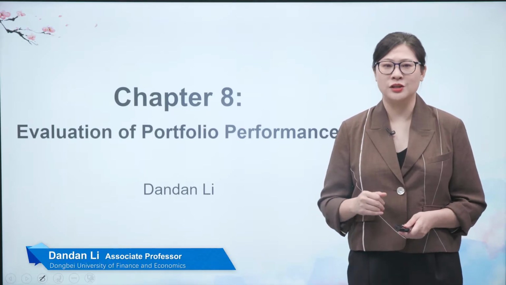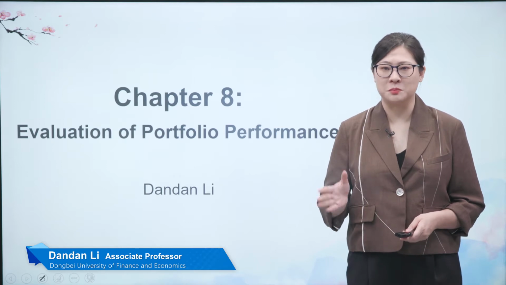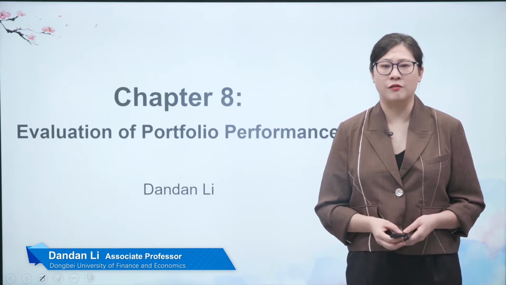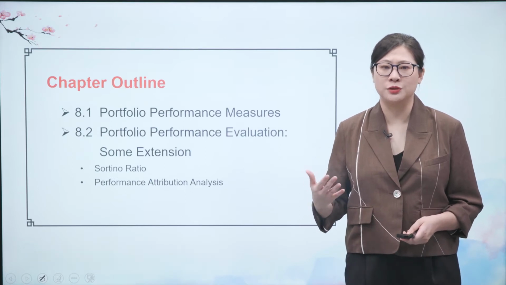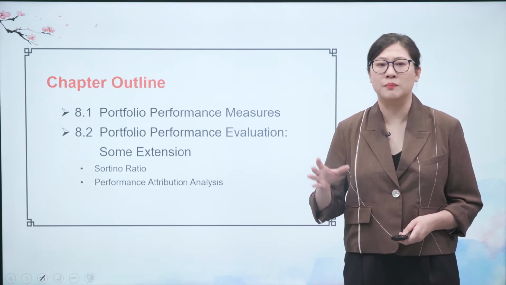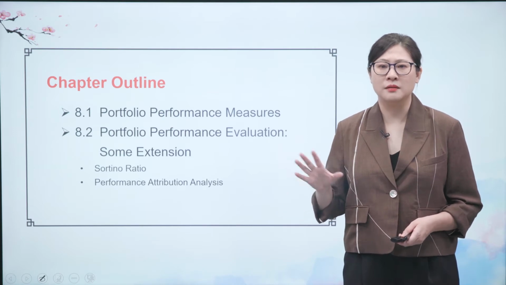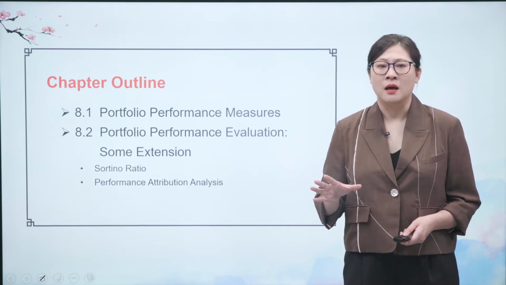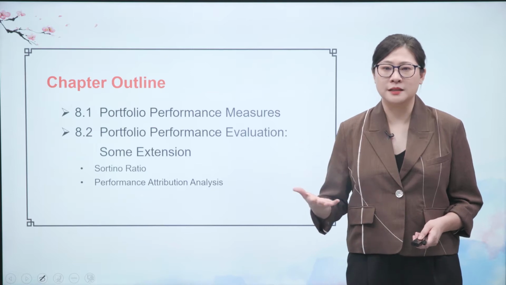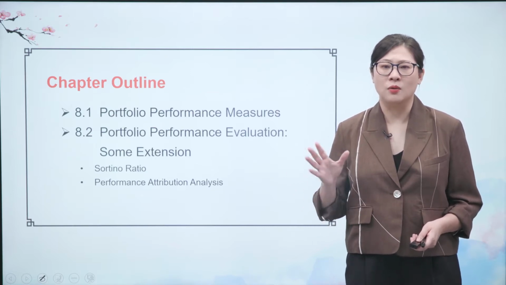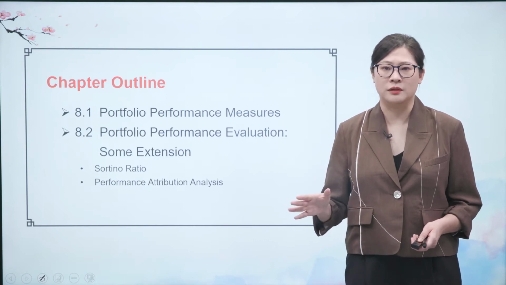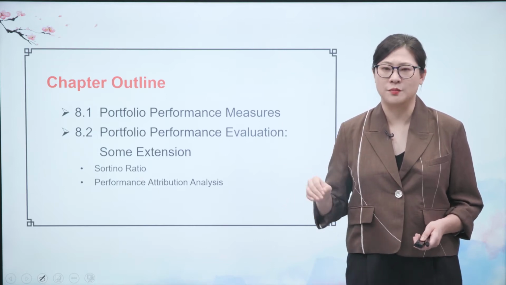One, we will continue to the last chapter, chapter 8, the evaluation of portfolio performance. In the previous lecture, we introduced different measures of portfolio performance. But now there is some problem based on the different measures. The problem is you only consider the total risk or the systematic risk.